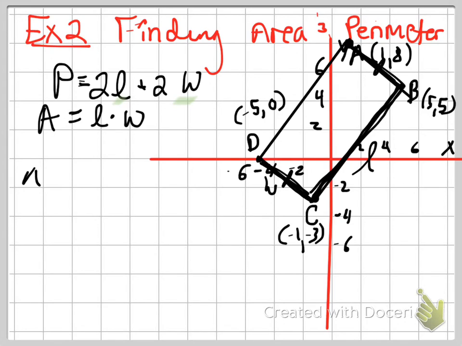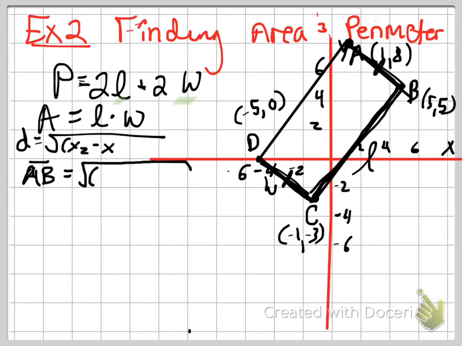If I want to find side AB as my width, the distance of AB is going to equal my distance formula. Remember, distance equals the square root of (x2 minus x1) squared plus (y2 minus y1) squared.